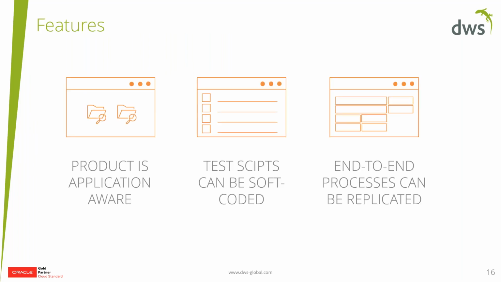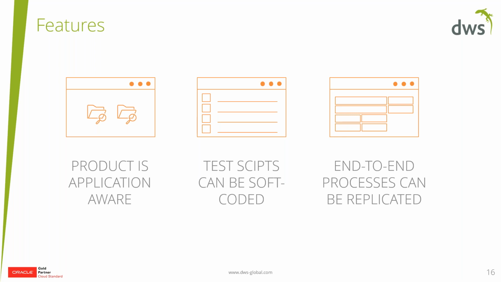So to recap, and you'll notice this as we go through the demo, a few really key points that separate SwifTest: it's application aware, meaning if you're running an Oracle application, SwifTest is going to be able to pick up that specific application, whether it's ERP Cloud or HCM Cloud.